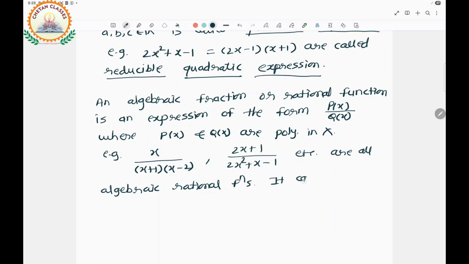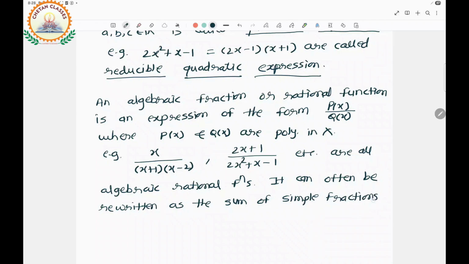It can often be rewritten as the sum of simple fractions, which are called partial fractions.